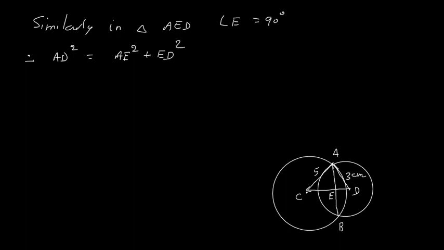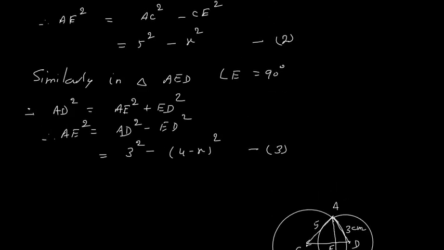Again I will write AE square as AD square minus ED square, which is equal to 3 square minus (4 minus X) the whole square. Let us consider this as 3. Now equation 2 is AE square equals 5 square minus X square, and equation 3 is AE square equals 3 square minus (4 minus X) the whole square.